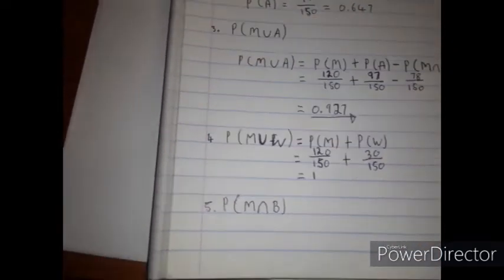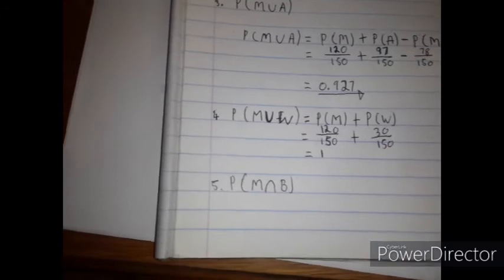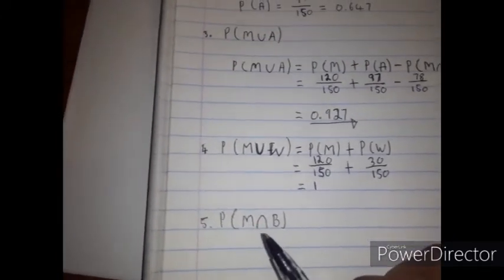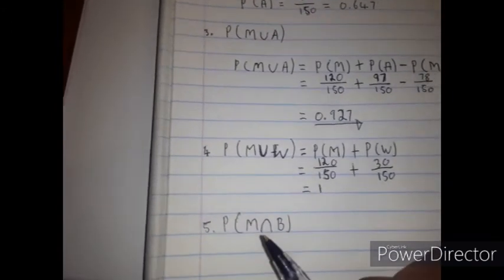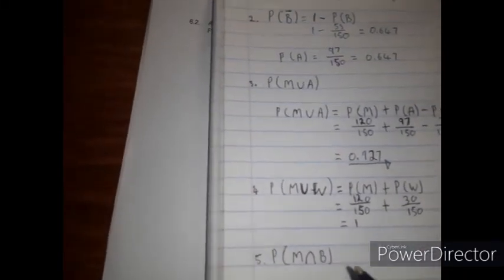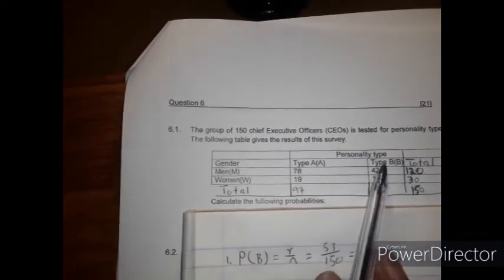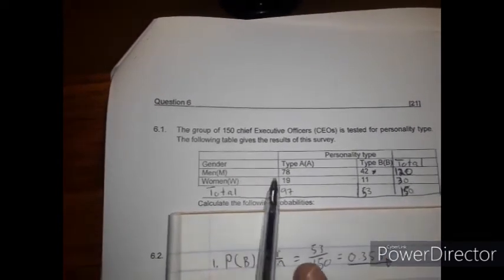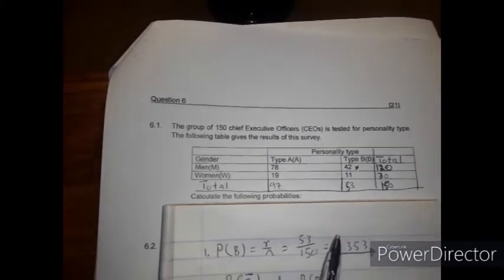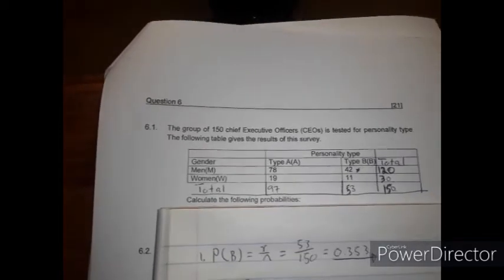Before you go further with your calculations, you need to determine whether these events are dependent or independent. Let us check men and type B. There's type B and there's men. So these events are dependent because there is an intersection.